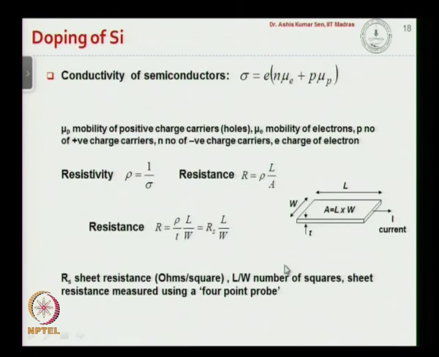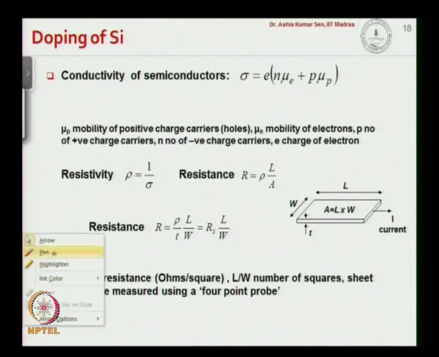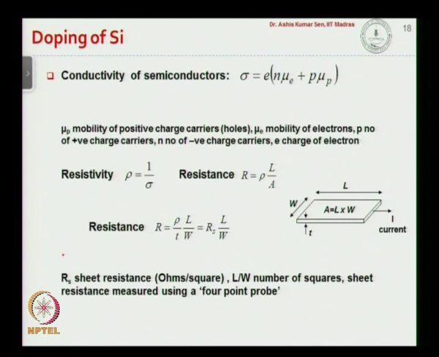So if you look at doping, we are basically trying to improve the electrical conductivity, which is given by this expression here. Sigma is the conductivity, which is proportional to e. e is the charge of an electron, and n is the number of negative charge carriers.